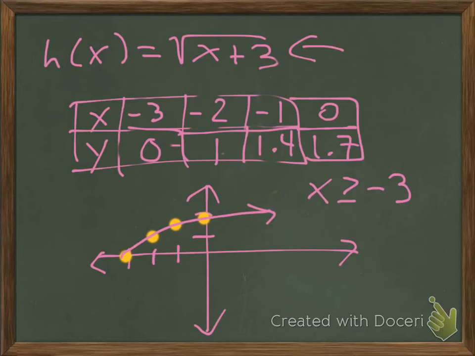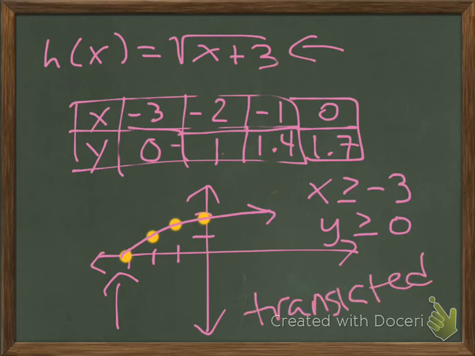And then your range is going to stay as y is greater than or equal to 0, because we're not going to go below the x-axis here. And then you would say, if I'm comparing this, notice that it's to the left 3 units, so this is going to be translated left 3 units from where the parent graph starts.